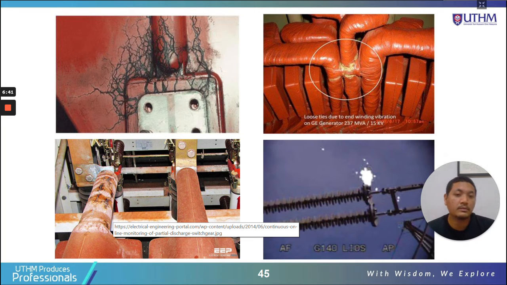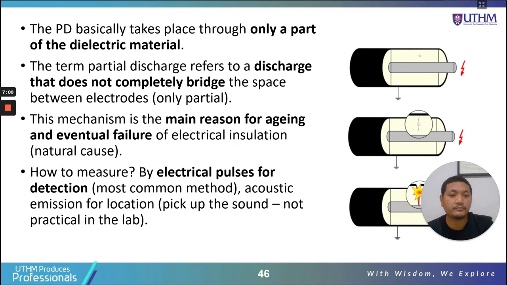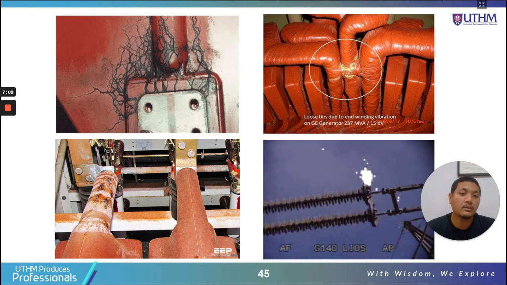And on the bottom right picture, this is taken from an overhead line. We have a string insulator. This is the live conductor, and here we can see the corona.